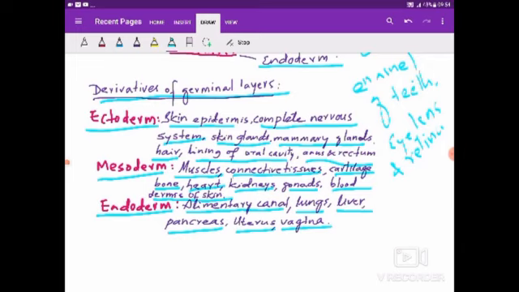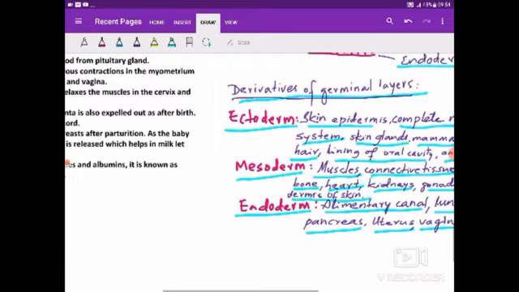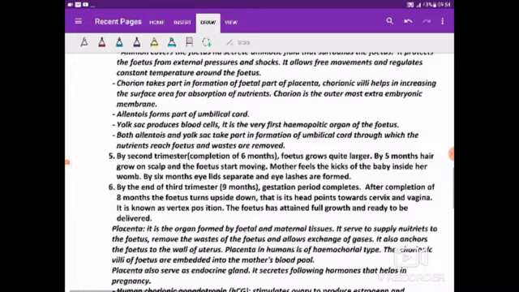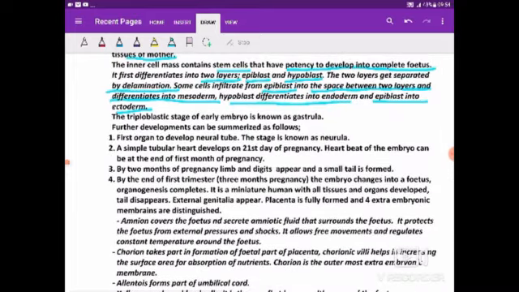Now let us go back to our further study on the pregnancy and embryonic development. So we have noted that the triploblastic stage is formed, that is called the gastrula, and the process is called gastrulation, and the further developments can be summarized as below here.